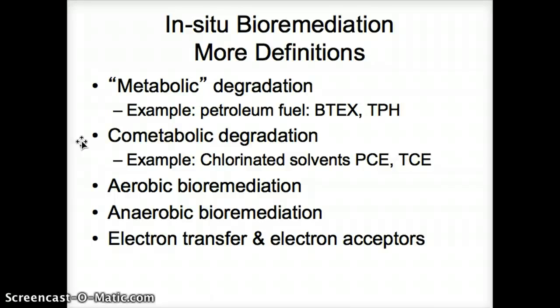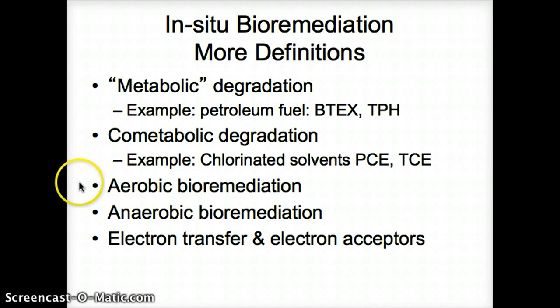They usually are only metabolized in the presence of something else. What we see a lot is addition of methane into the subsurface, and then bacteria degrade the methane, and that in turn degrades the PCE and the TCE.